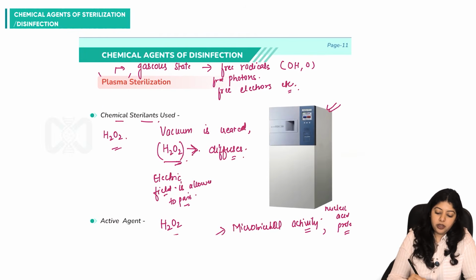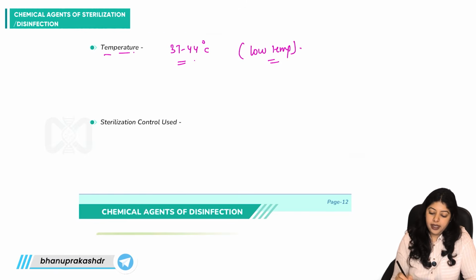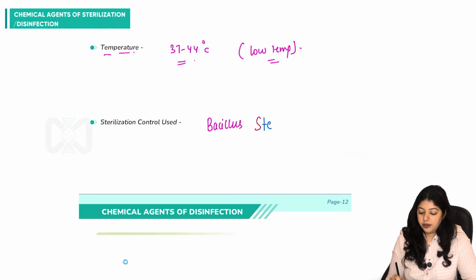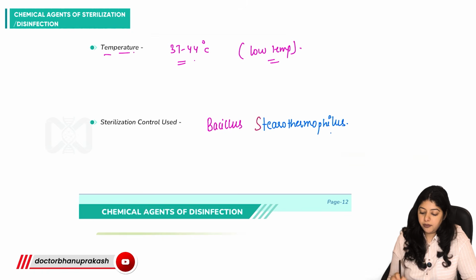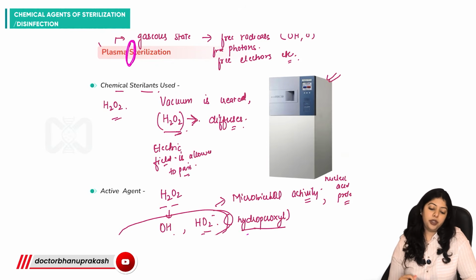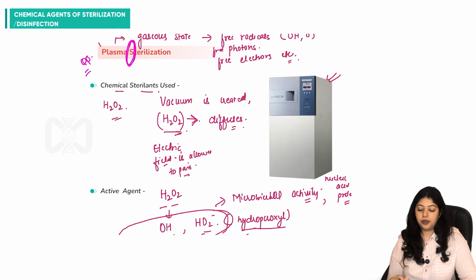So for plasma sterilization, we can remember the letter S, that is Bacillus stearothermophilus. So this is about plasma sterilization. It is one of the most important upcoming questions in your exams.